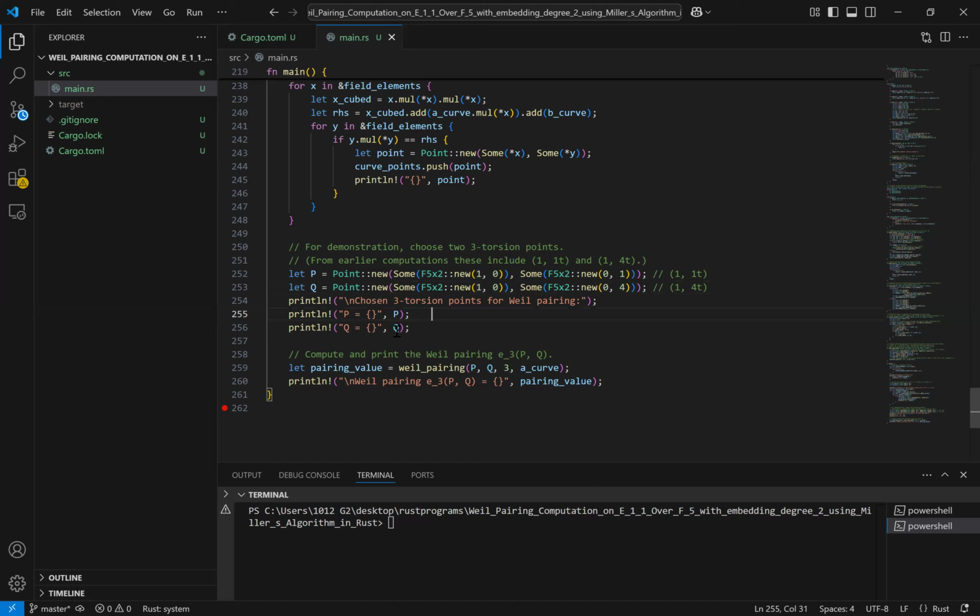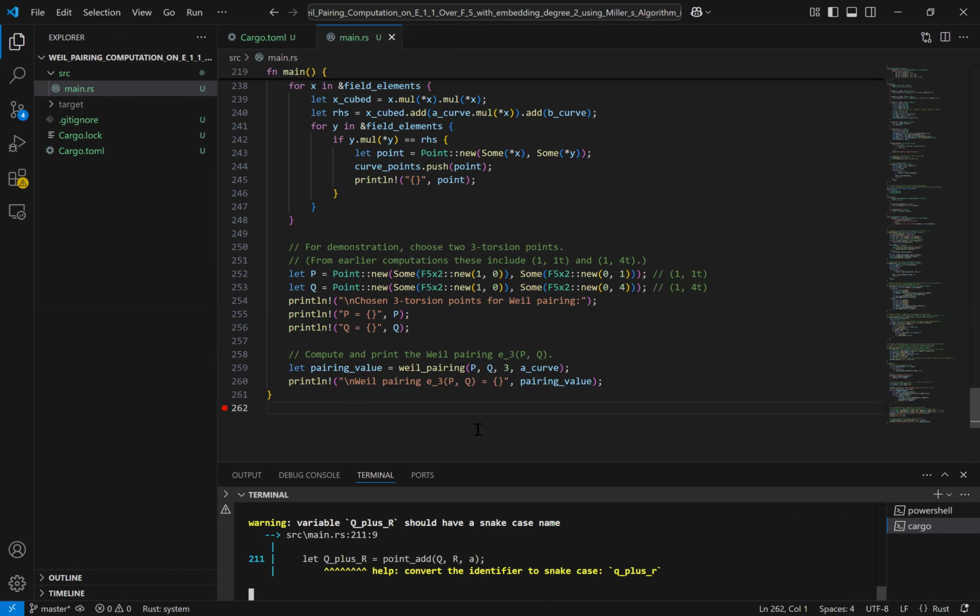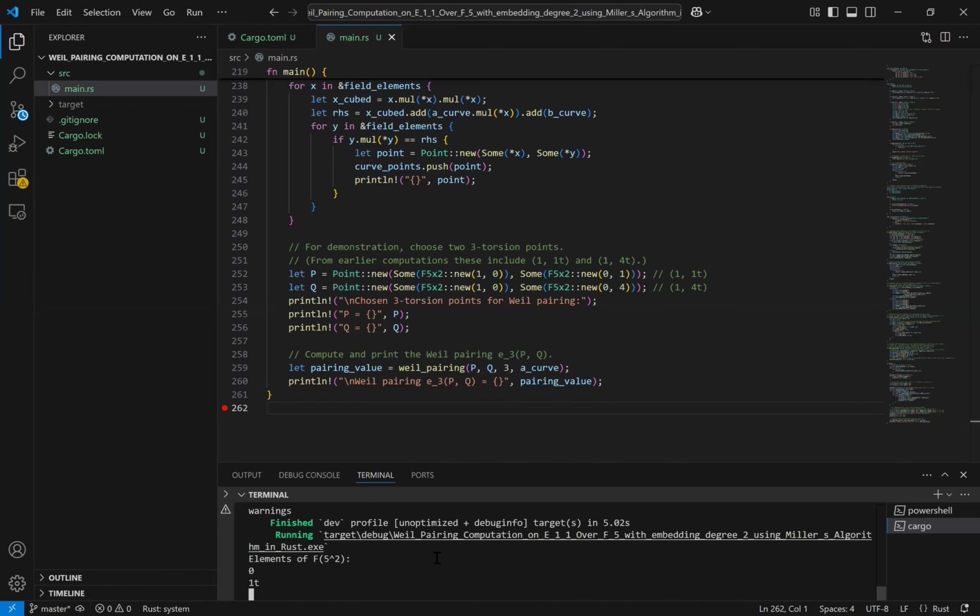So I've entered point P and point Q, and I'm asking it to give me the Weil pairing of P and Q. What I'm expecting, therefore, is for it to give me a value in the target group. And you remember the divisor is 3.